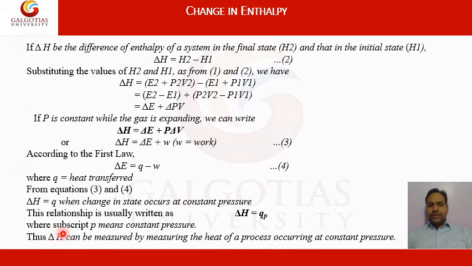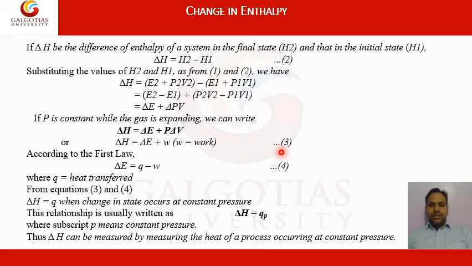Here the subscript P means constant pressure, and thus delta H can be measured by measuring the heat of a process at constant pressure. Enthalpy change is the name given to the amount of heat involved or absorbed in a reaction carried out at constant pressure.